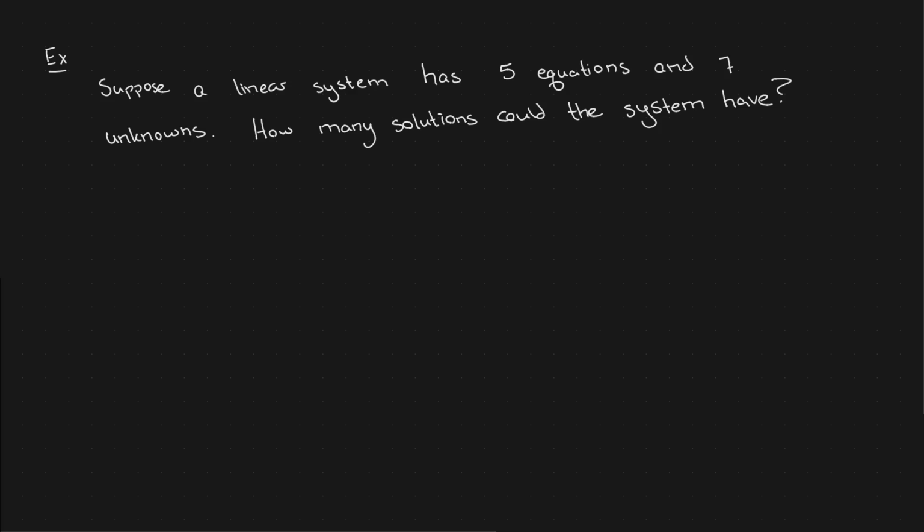But we have a little bit more information here. We know we have 5 equations. We know that these equations have 7 unknowns, 7 variables. So if we were to think about the coefficient matrix of this system, then we would have 5 equations. The number of equations would be the number of rows for the system. So we'd have 1, 2, 3, 4, 5 rows to this matrix, and 7 unknowns, so 7 variables.